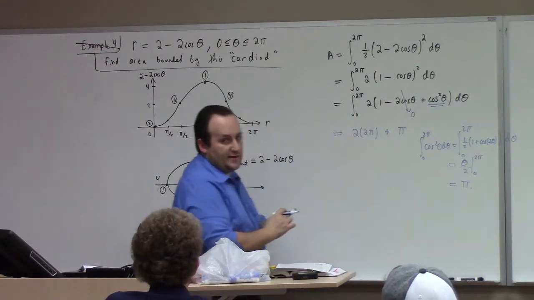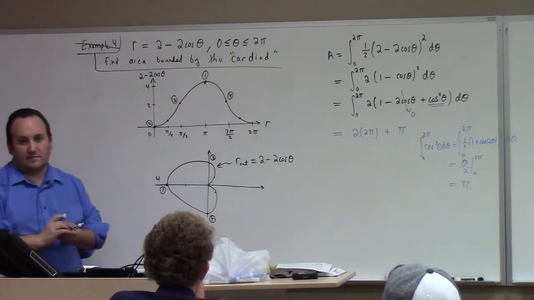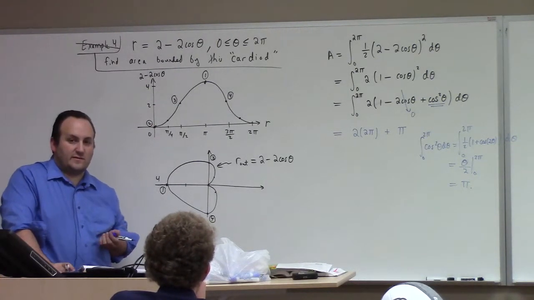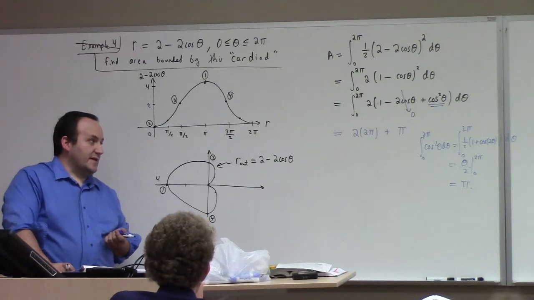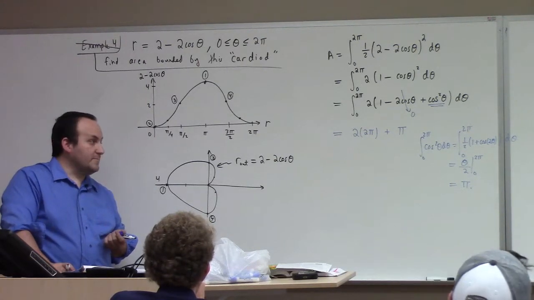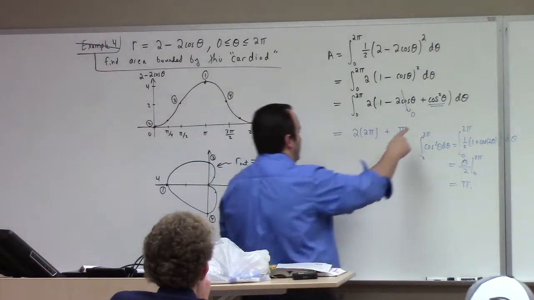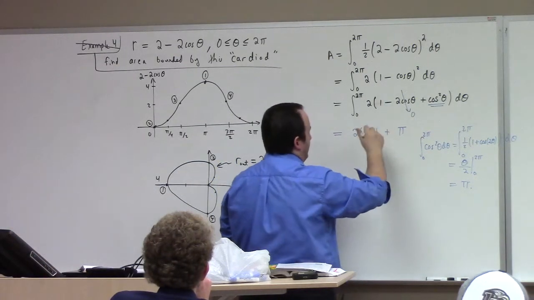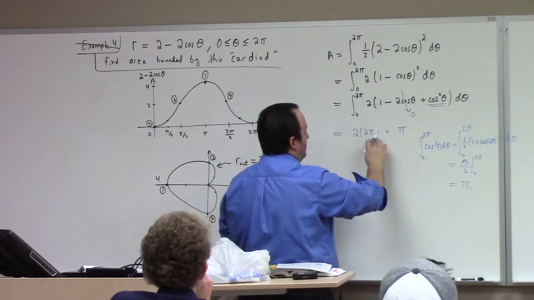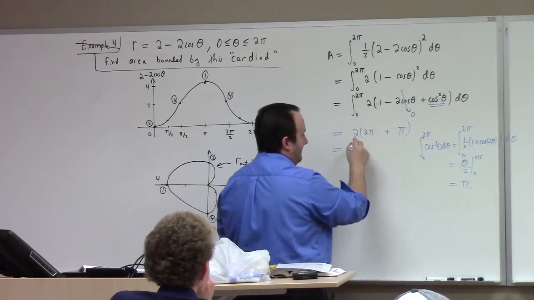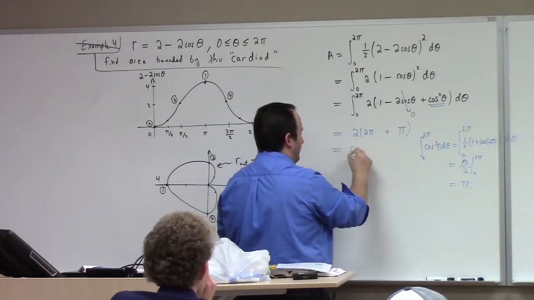Again, the cosine 2 theta integrates to 1/4 sine 2 theta, which when you plug in 0 and 2 pi, you get 0. So that cosine 2 theta term integrates away. But the rest of it gives you pi, which is what I wrote down from a sneaky way of thinking anyway. But that's still multiplied by the 2. I should be careful. So what do we get? We get 6 pi. There you go.